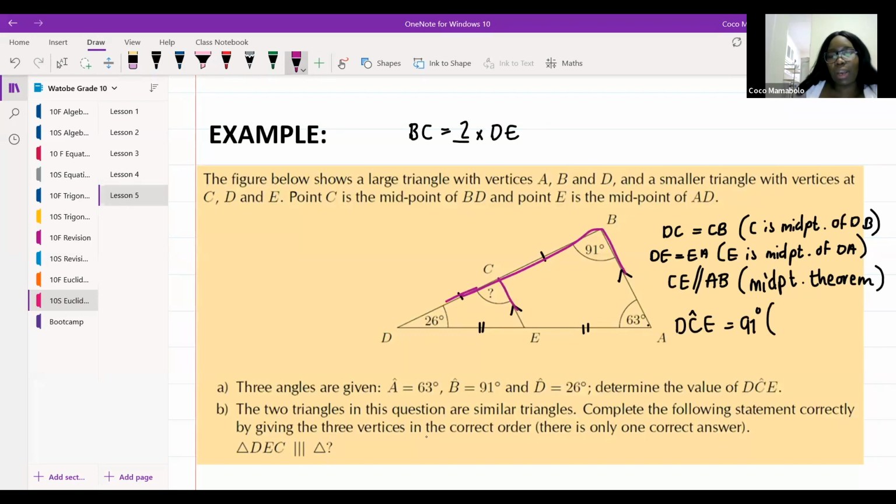Why is DCE equal to 91 degrees? Because of corresponding angles. Leander, you could say that, but we're not 100% sure, hey? We can't say triangles add up to 180 if we don't know what this angle over here is. They're corresponding angles, and we can even say it again. We can say that CE is parallel to AB, proved above.